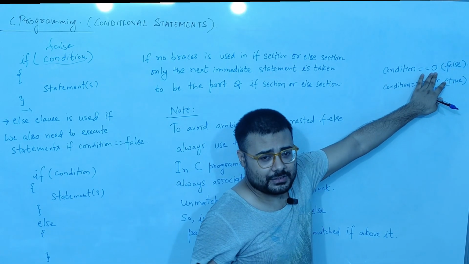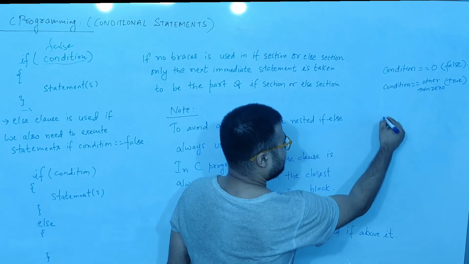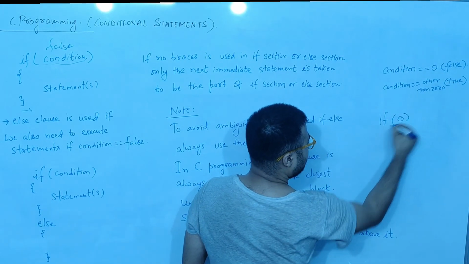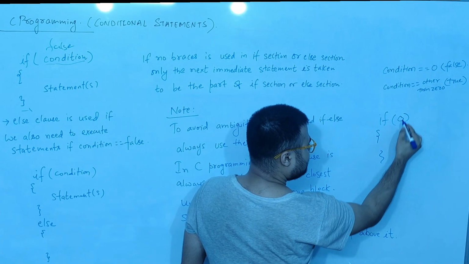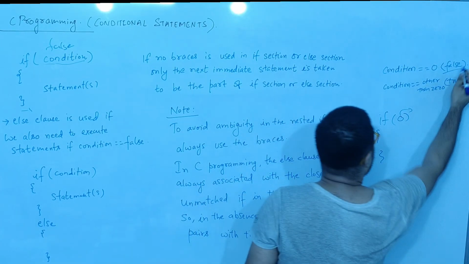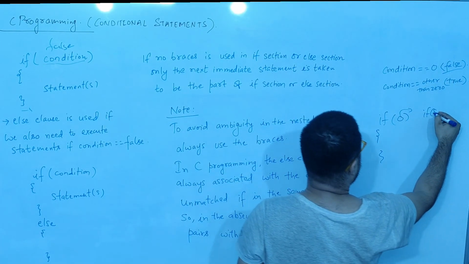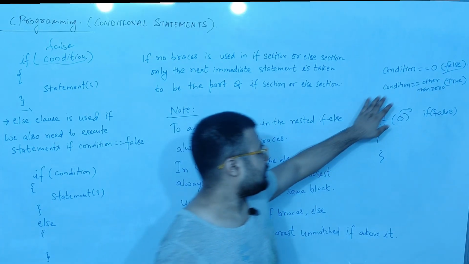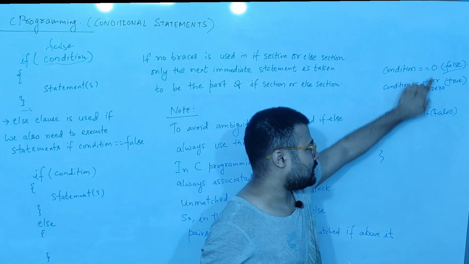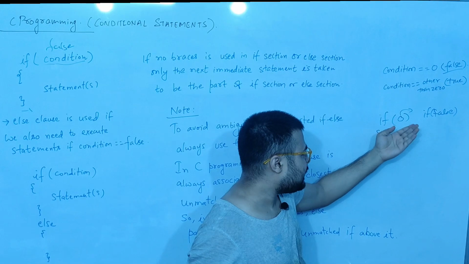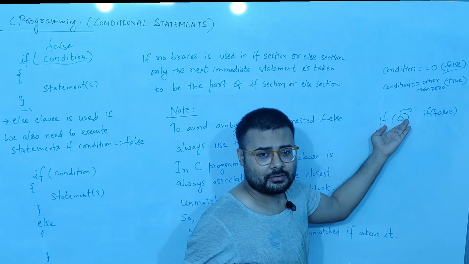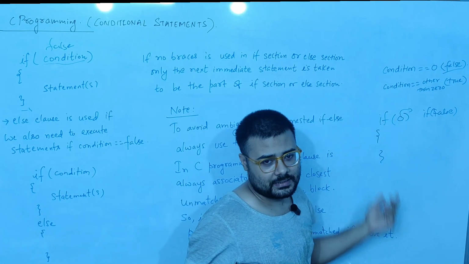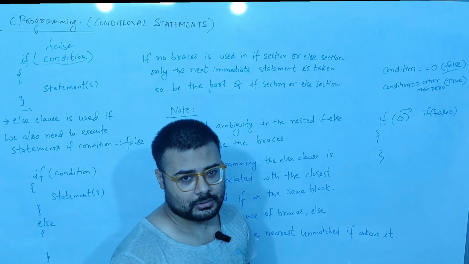If you give 0 here, if 0, then this will be assumed as if false. Other than zero, anything that you write here will be considered as true.